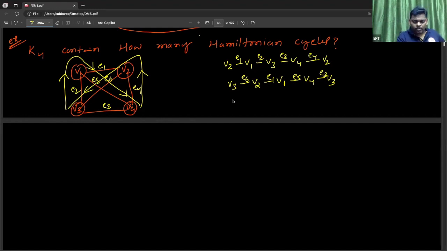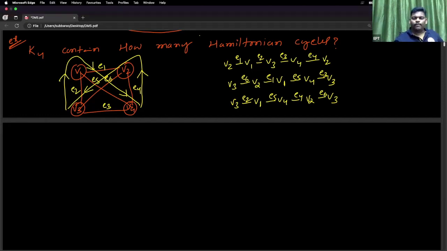Yes. So let me give the path now. V3, V1, V4, V2, V3. If you see the edge numbers, E2, E5, E4, E6. Fine. Something differs.